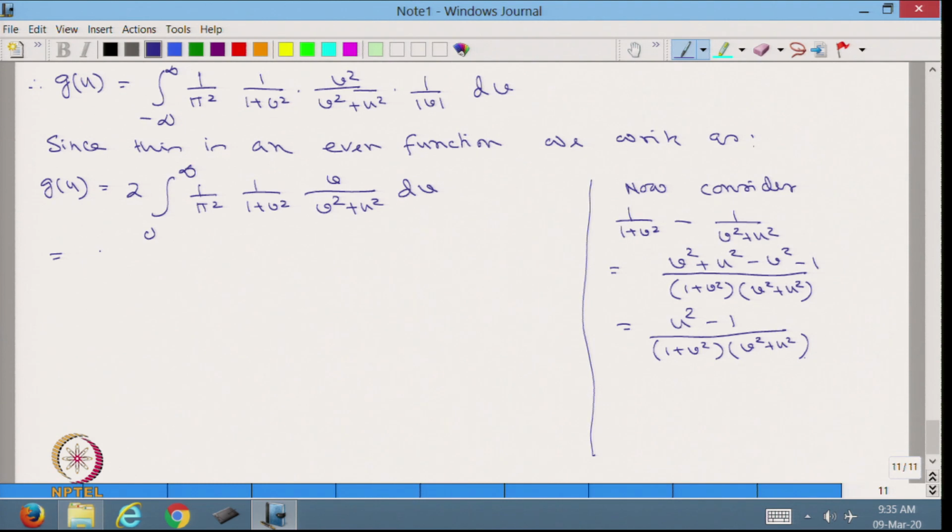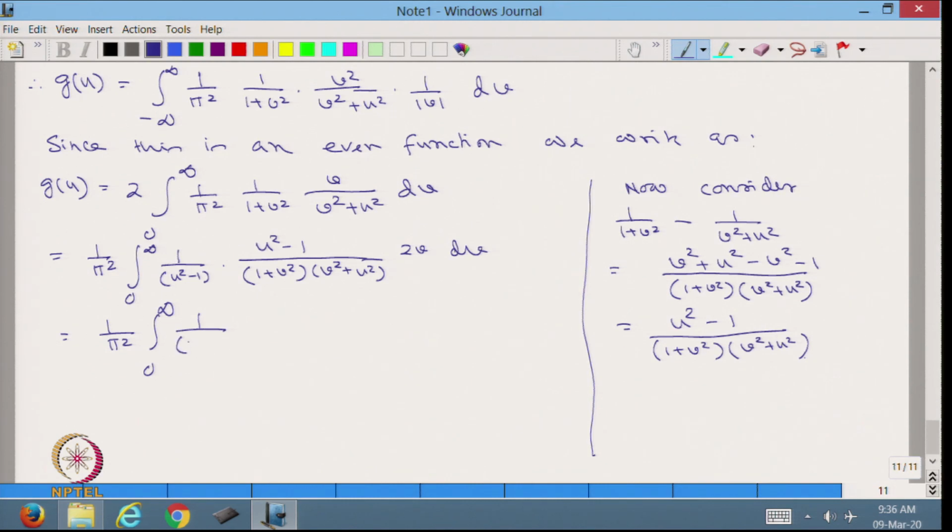Therefore, this we write as 1 upon pi square, we take out of the integration from 0 to infinity 1 upon u square minus 1 into u square minus 1 upon 1 plus v square into v square plus u square 2v dv, which is equal to 1 upon pi square, integral from 0 to infinity, 1 upon u square minus 1 into 1 upon 1 plus v square minus 1 upon v square plus u square, 2v dv.